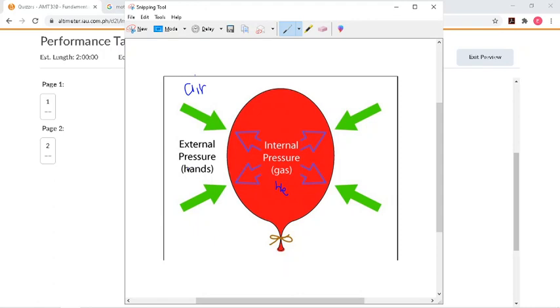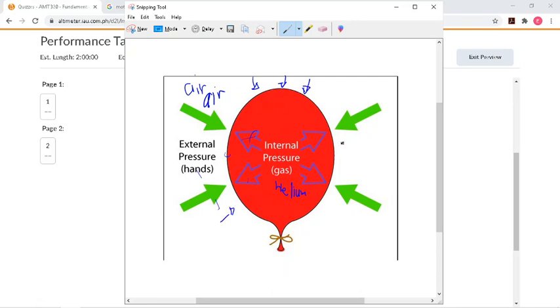I'll be using my stylus. So again, this is air and this right here is helium. Okay, so your ambient pressure at sea level, the air molecules here, will be exerting pressure on the balloon.